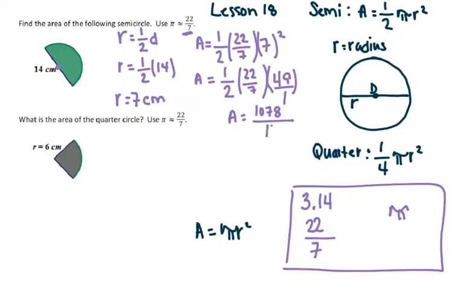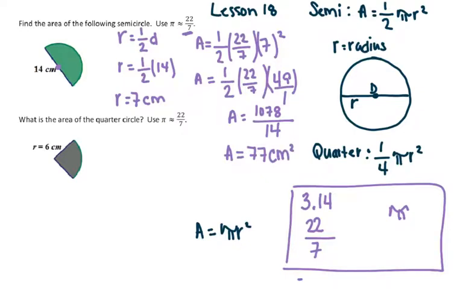So now I have a fraction that says area equals 1,078 over 14. And what I want to try to do is see how many times 14 goes into 1,078. And it goes into it an even amount of times, meaning we don't have a remainder. The area of this semicircle is 77 centimeters squared.